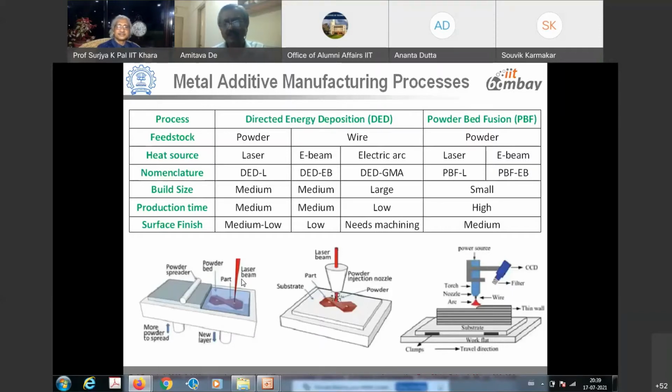So essentially, as you see, every time an upper layer is built, a new powder layer is laid, so the feedstock material, that is powder of some alloy, is not really traveling along with the source.